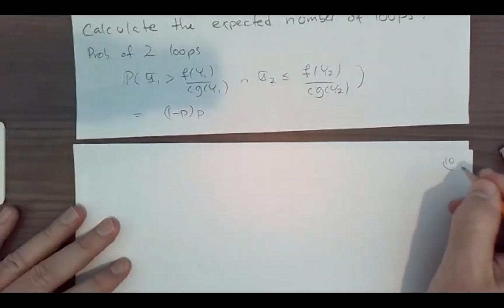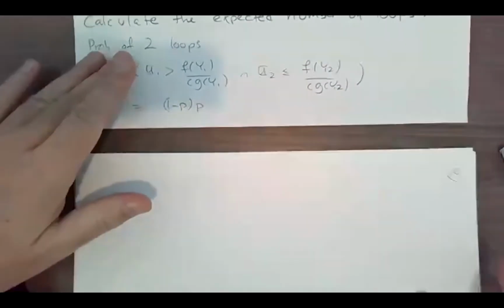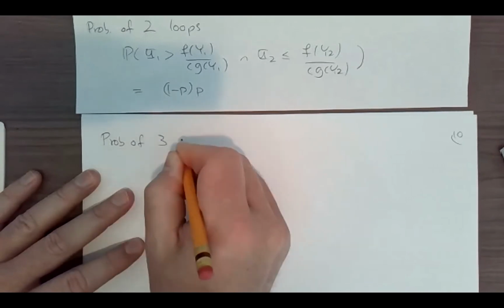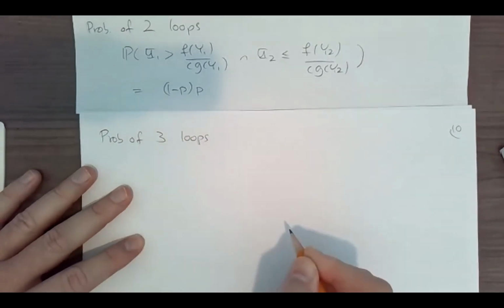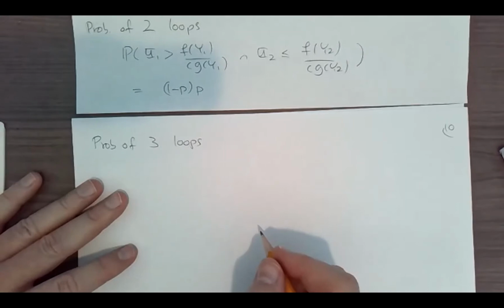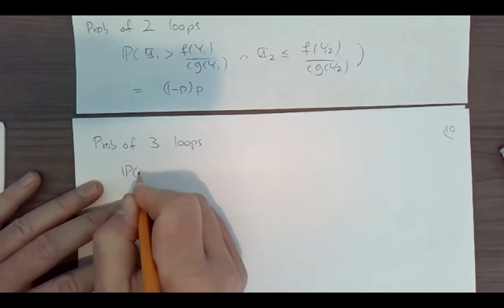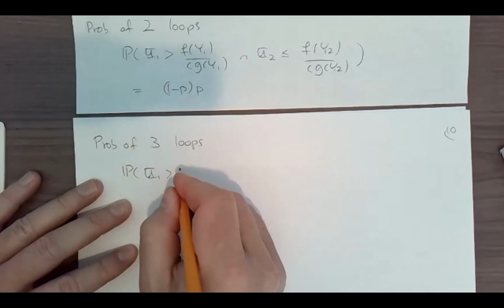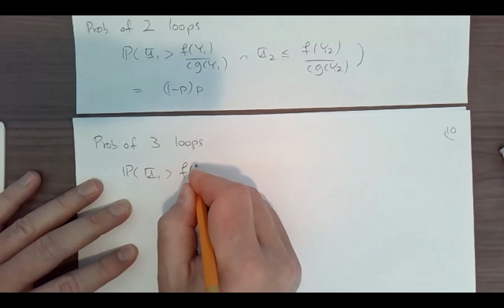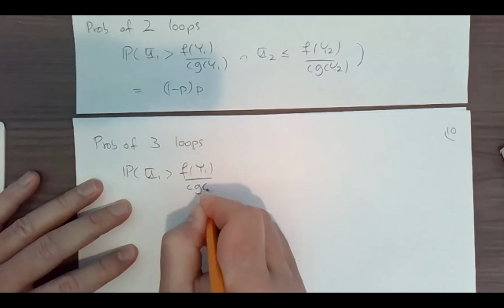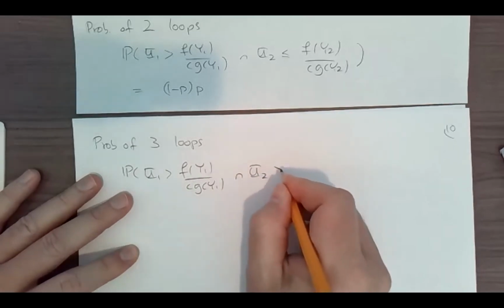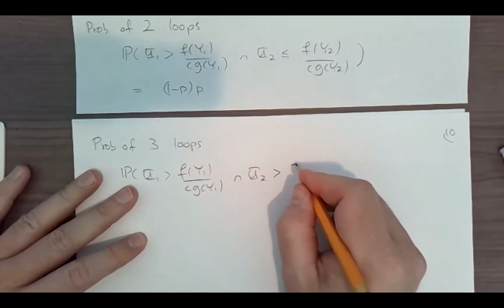We could move on to the probability of 3 loops. You would have to reject the first one, so u1 is bigger than f of y1 divided by c g of y1, and u2 is also going to be rejected, so u2 is big.